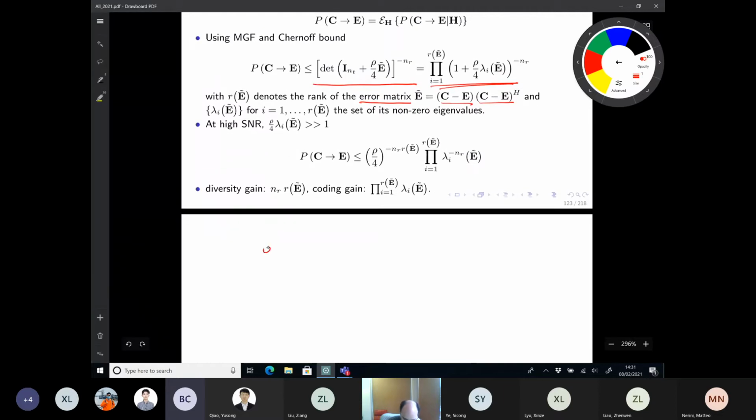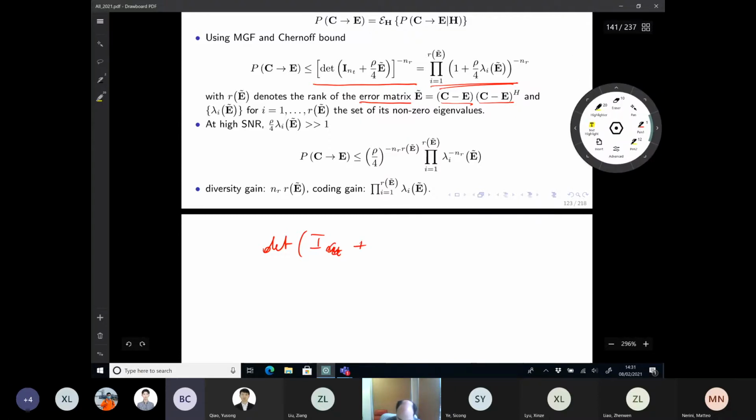Right. So if you have the determinant I of N_T, let me give you an example right away, so it will be maybe easier. Imagine I have N_T equal to 2, and I have T equal to 2.